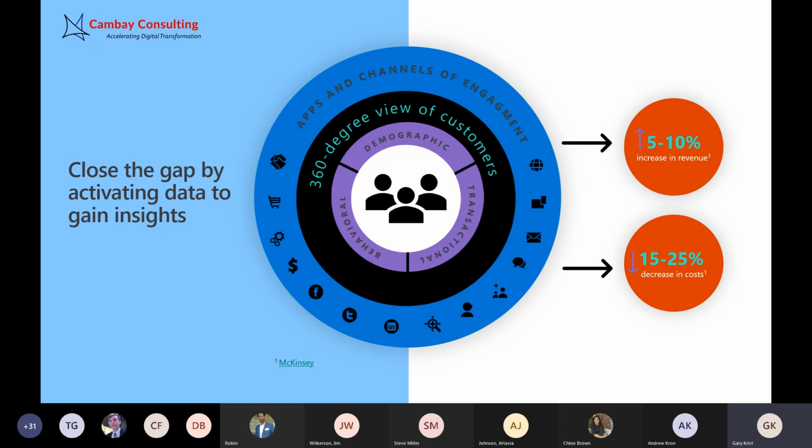And statistics have shown that by doing that and being able to act on this data, there's an increase of revenue of between 5 and 10%, and also a decrease of cost because it's much easier to access this data and be able to act on it.